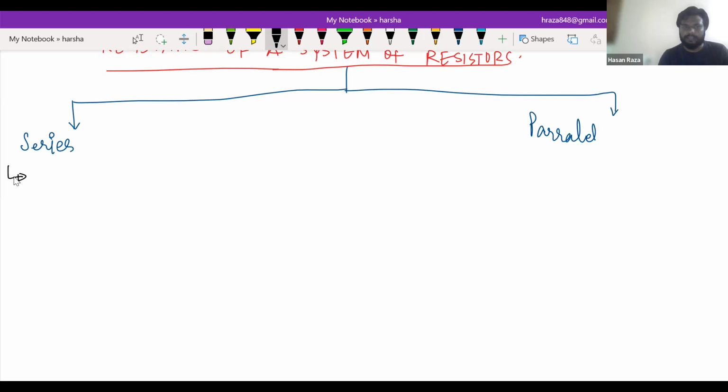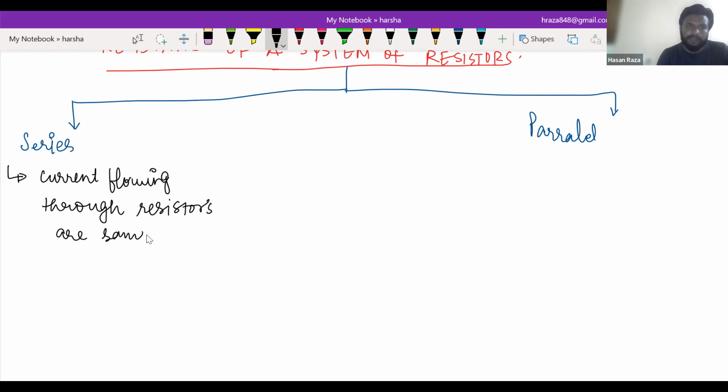When resistors are arranged in series, the current flowing through the resistors is the same. That means each resistor will have the same and equal current, but the potential difference, PD, will be different.